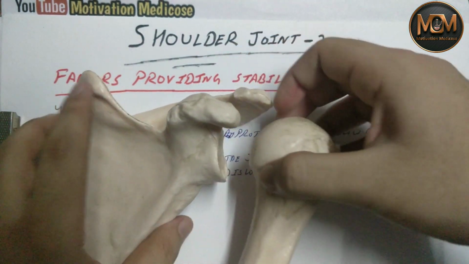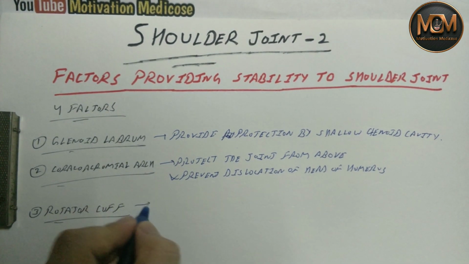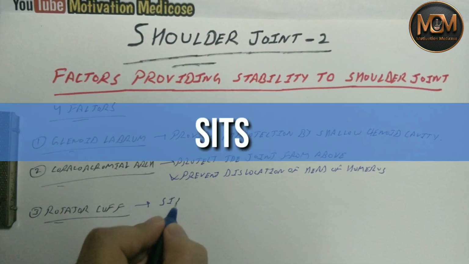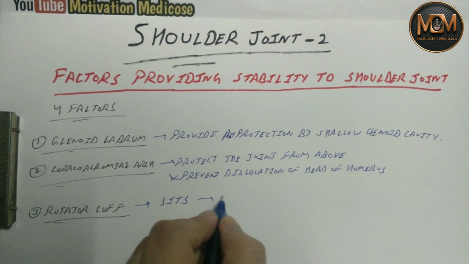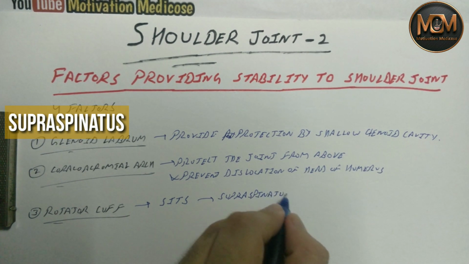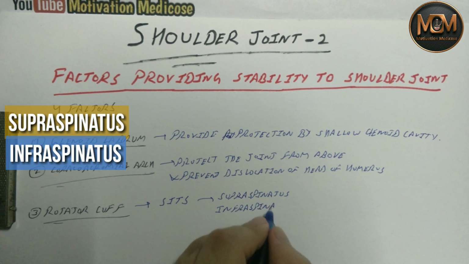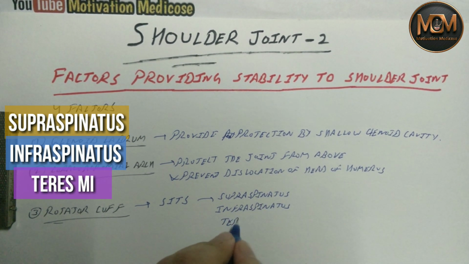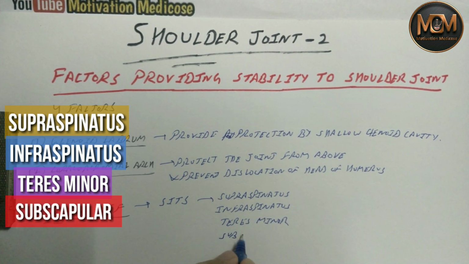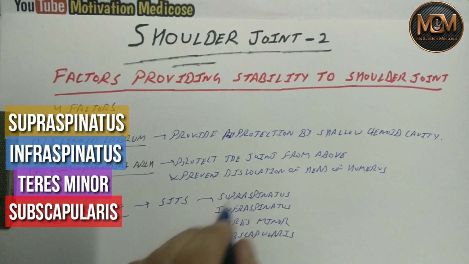First of all, I'll write down what it is doing. It is formed by these muscles, that is SITS: supraspinatus, infraspinatus, teres minor, and the subscapularis. So it is formed by these four muscles.